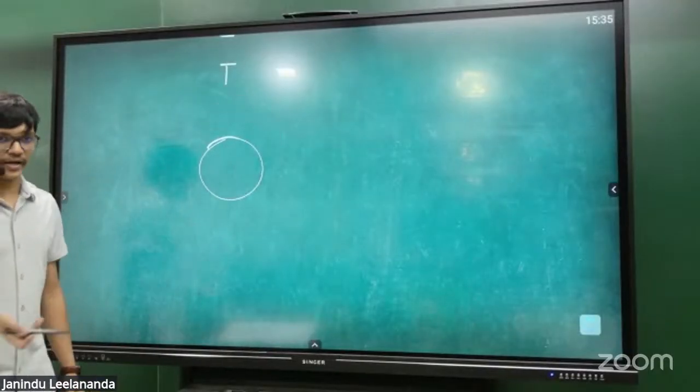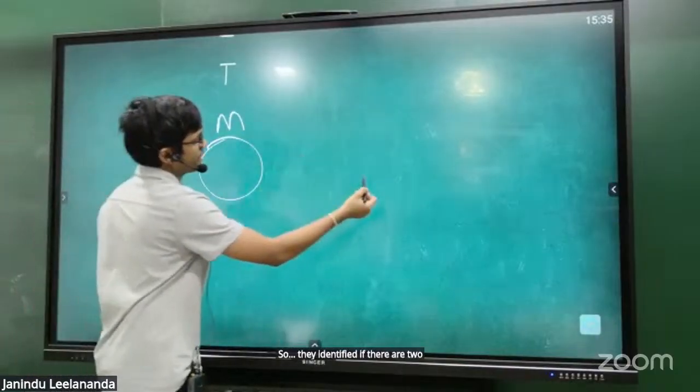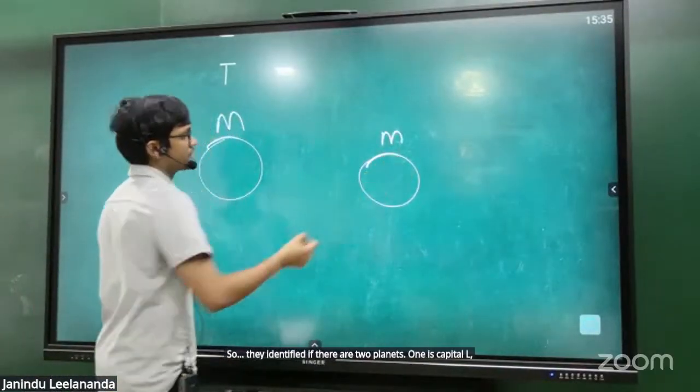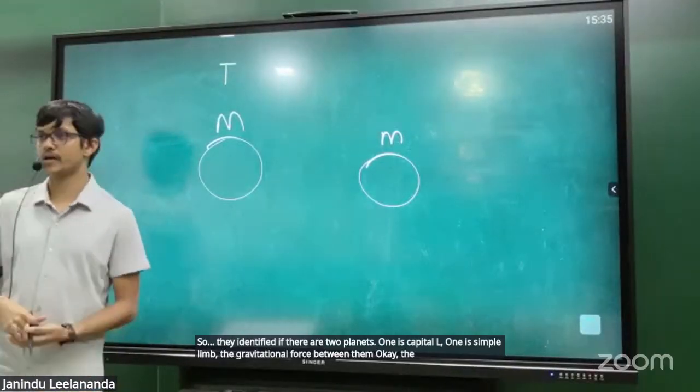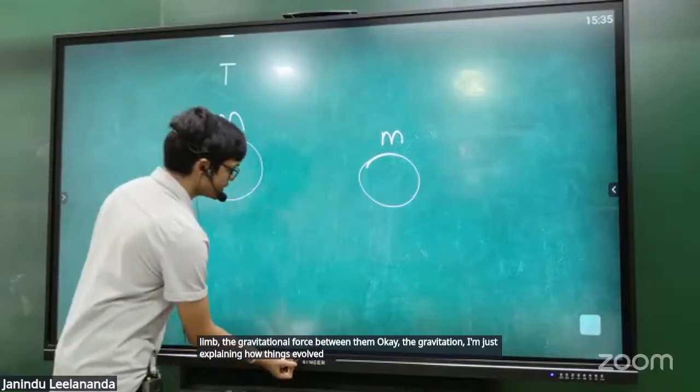They identified that if there are two planets, one capital M and one simple m, there is a certain gravitational force between them. I'm just explaining how things evolved using dimensions.